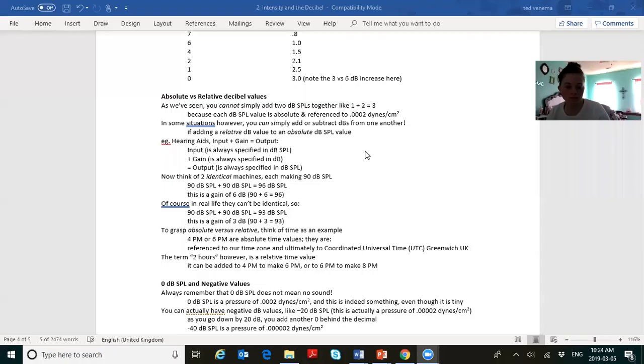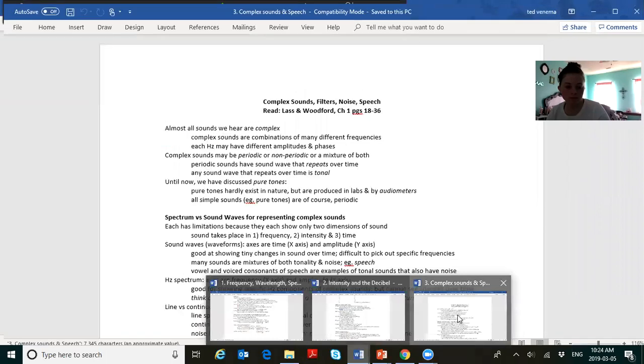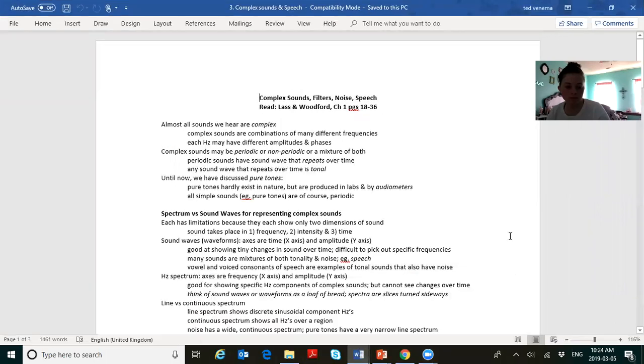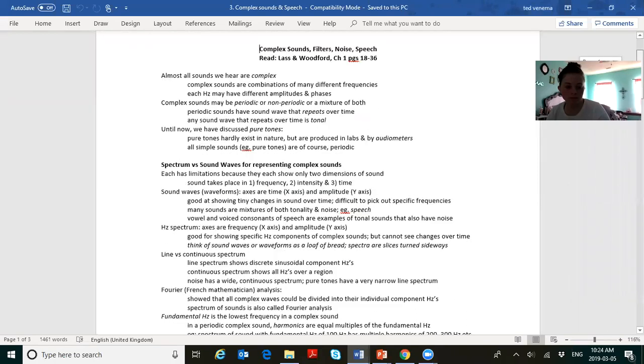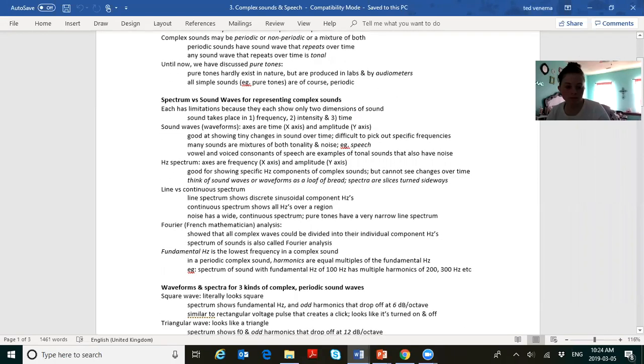Okay, and the last unit was the most recent, and so we don't need to worry so much about that particular unit, but pulling it up, complex sounds, if we quickly highlight here the important things to remember about that. Here you get into a spectrum. Make sure you know what the difference is between a sound wave and a sound spectrum.